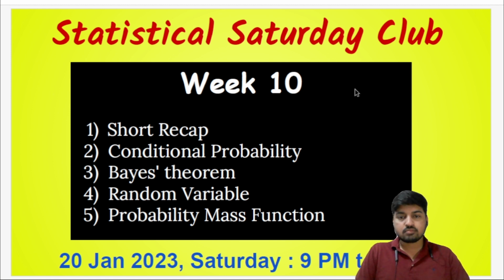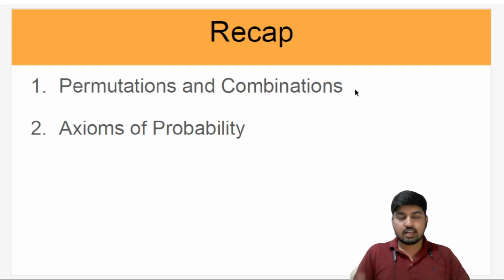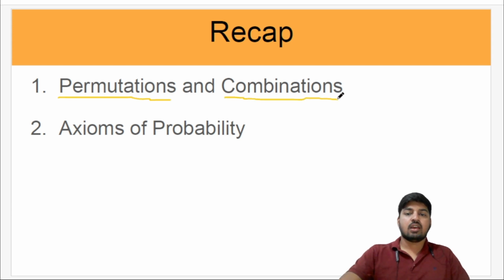Okay, so just a recap. In the last session, we saw permutations and combinations. These are actually the building blocks for our probability theory. We have seen that in permutations the order matters, and in combinations the order does not matter.